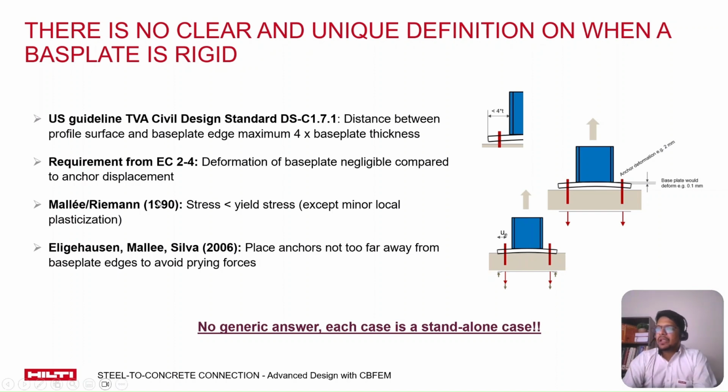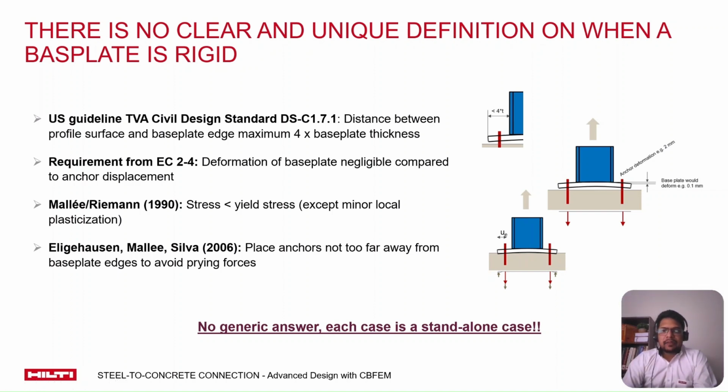Then we have one more suggestion, I would say, that the stresses should be lesser than the yield stresses. And there is one more theory which says that the placement of the anchors should not be too far away from the baseplate edges to avoid prying forces.